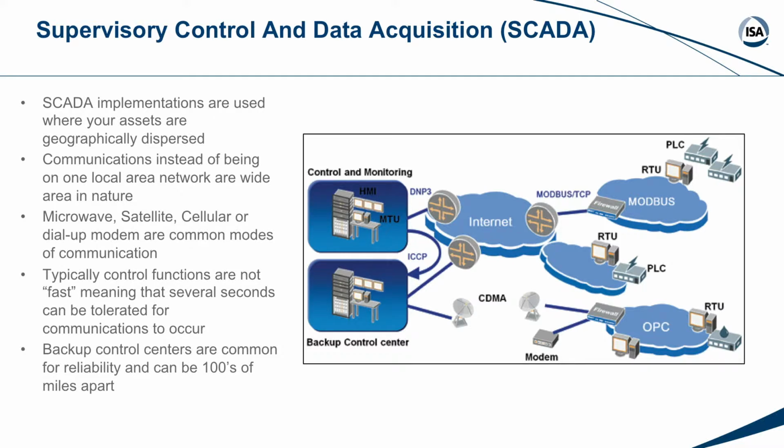SCADA tends to have relatively slow communications requirements compared to something that's running a really high-speed processing machine. If you've seen on television any of the discrete packaging where they're running 5,000 bottles of beer an hour or a minute through this machine, they're flying right along.